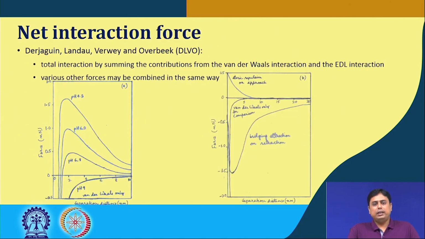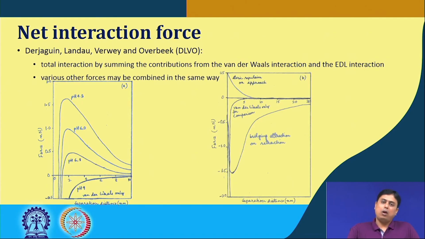Now, what would then be the net interaction force between the particles? Derjaguin, Landau, Verwey and Overbeek, together these names of the scientists give the DLVO theory. It sums up that the total interaction is basically the sum of the contributions of van der Waals and electrical double layer interactions.